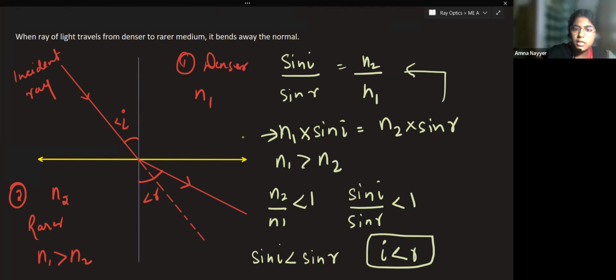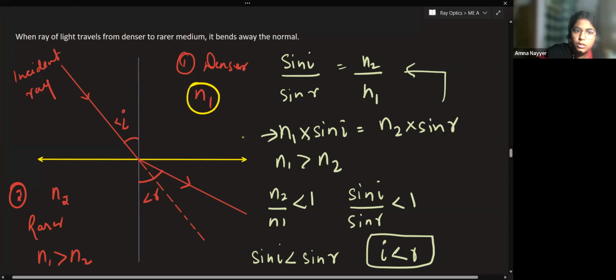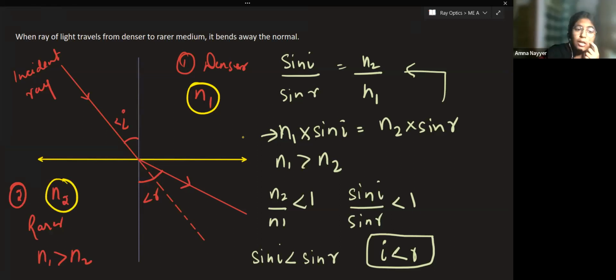This is N1, this is N2. Apply Snell's law. So sin i by sin r can be written as N2 by N1. It's better if you write N1 into sin i is equal to N2 into sin r. Now, when we say a medium is denser, it has a greater refractive index. So if N1 is the denser medium, N1 will be greater than N2.